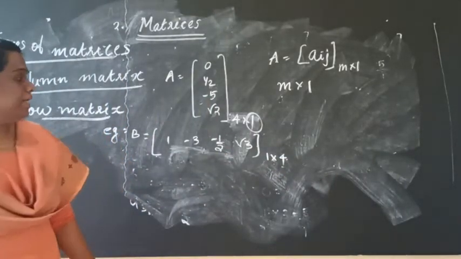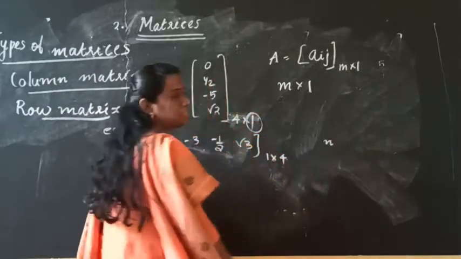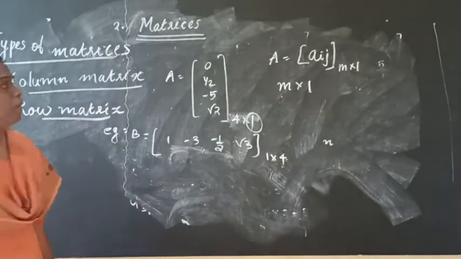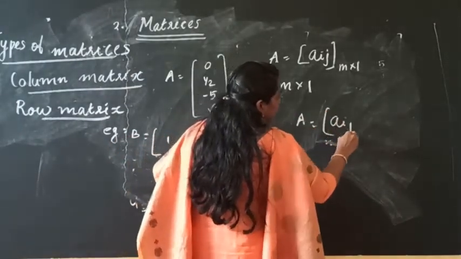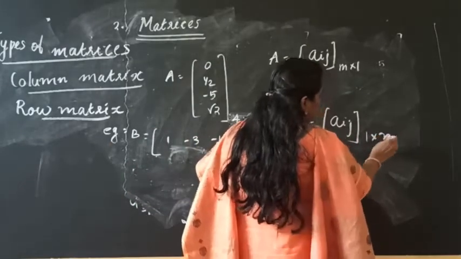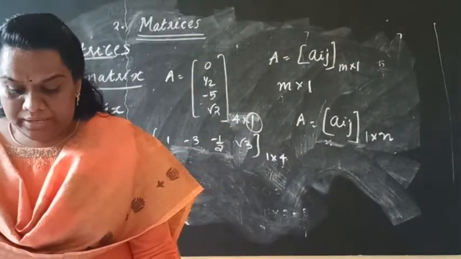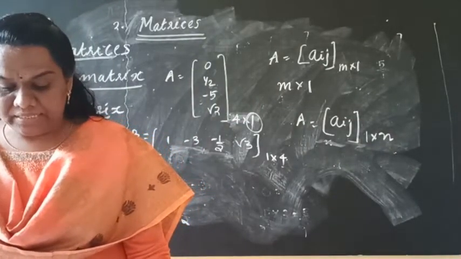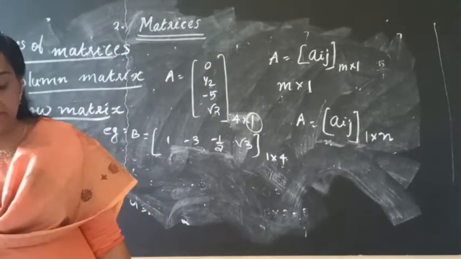Clear? Then in general, if there are n columns, then matrix A is equal to matrix Aij.